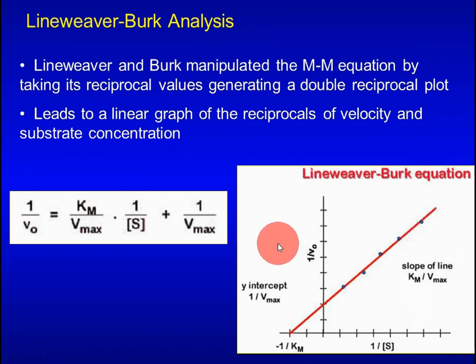The Michaelis-Menten equation now becomes a linear graph. The x-intercept corresponds to the inverse of Km with a minus sign, and the y-intercept corresponds to the inverse of Vmax.